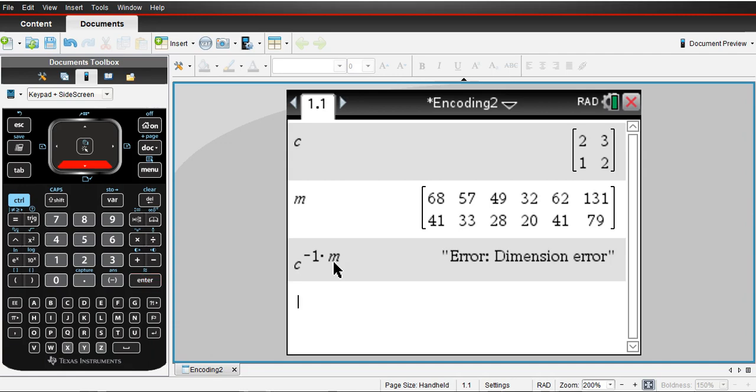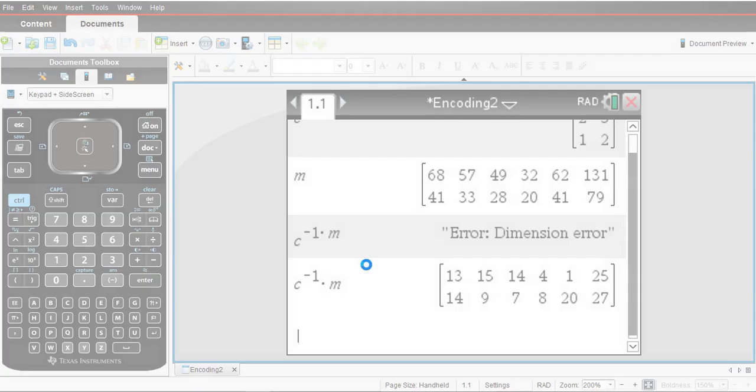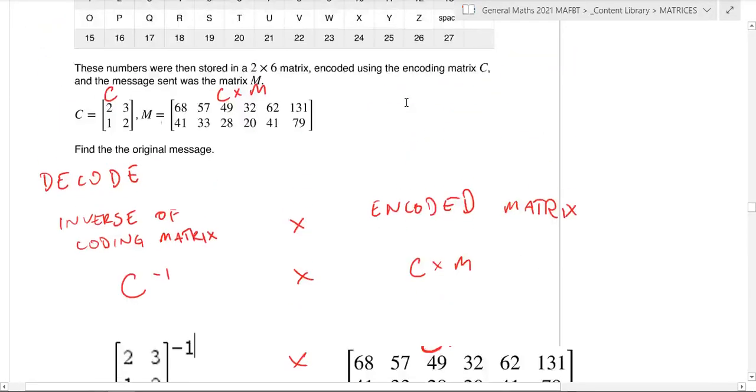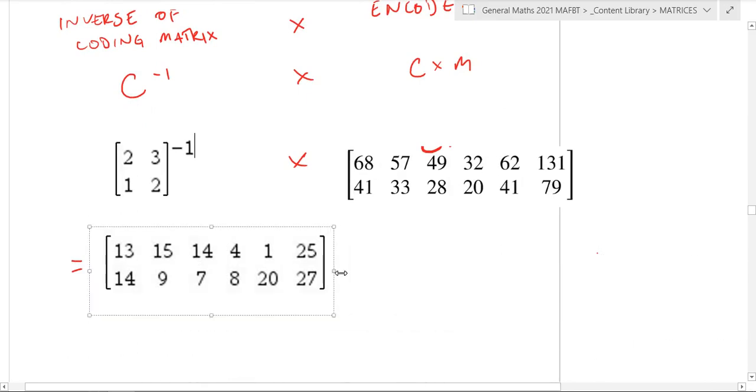So you have to go C inverse, put your cursor to the right, multiplied by matrix M. And that now gives you the original matrix that corresponds with those numbers up here. So I'll put that here, and we'll figure out what the original message was.